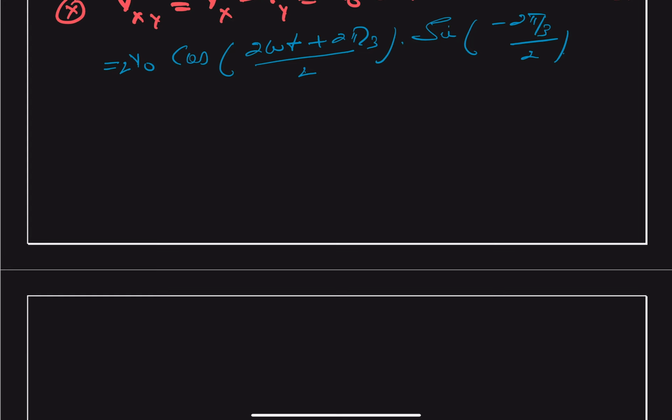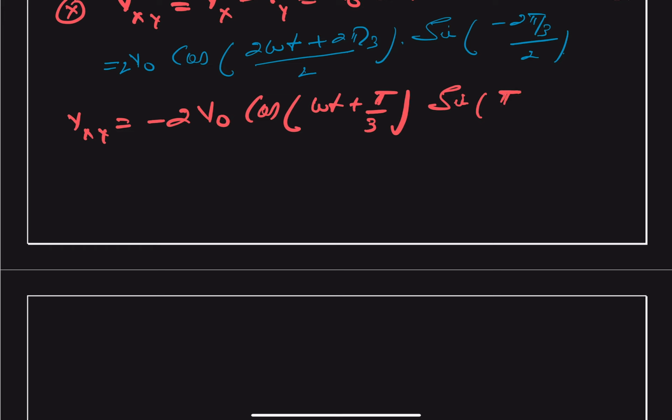So we can just write that our Vxy will be equal to minus 2 V0 cos(omega t plus pi by 3) multiplied by sin(pi by 3), because the 2 and 2 cancel. And we know that sin of pi by 3 is square root of 3 divided by 2.